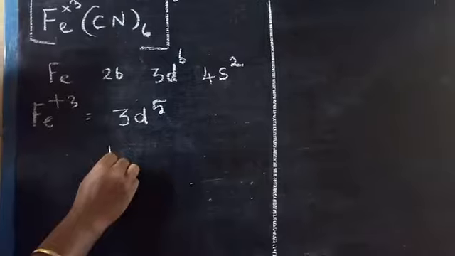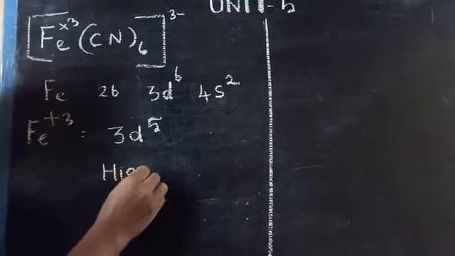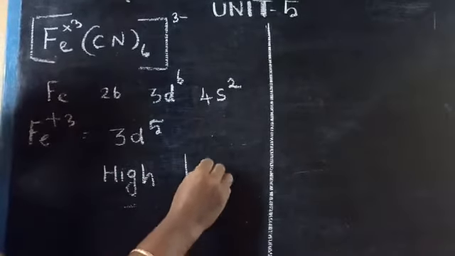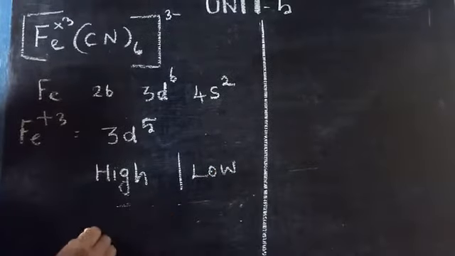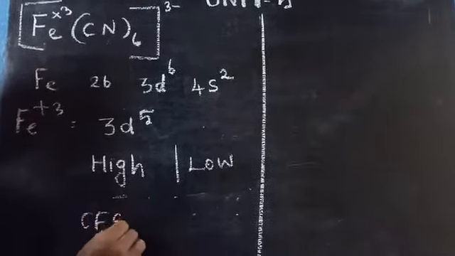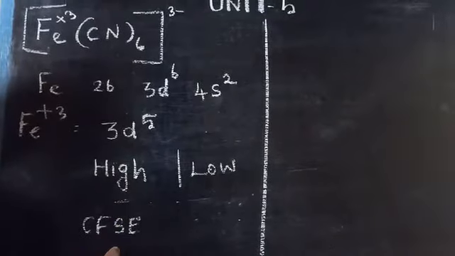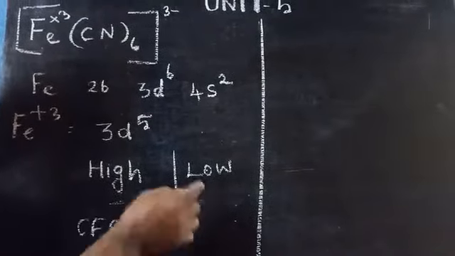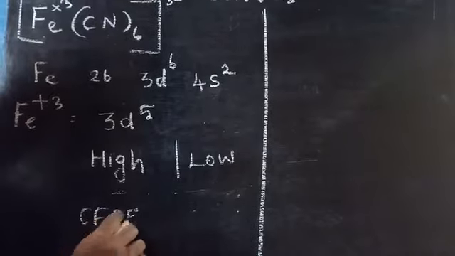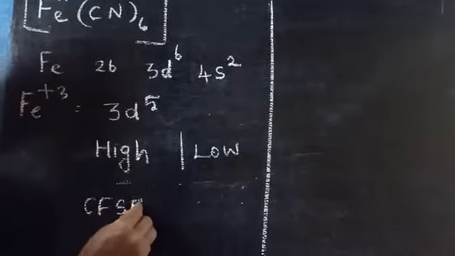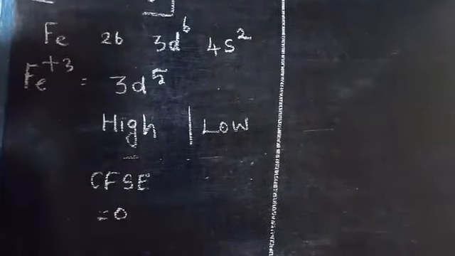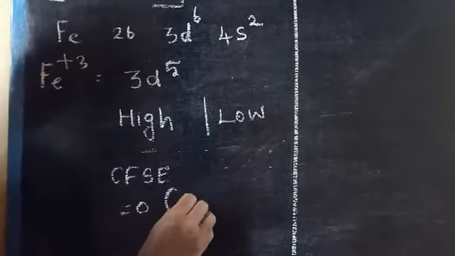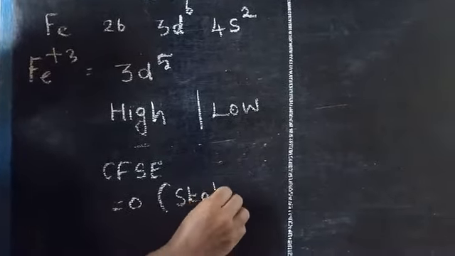Okay, children, from that we find out the crystal field stabilization energy for both high spin as well as low spin. Now if the crystal field stabilization energy value is equal to 0, it denotes that it is stable.